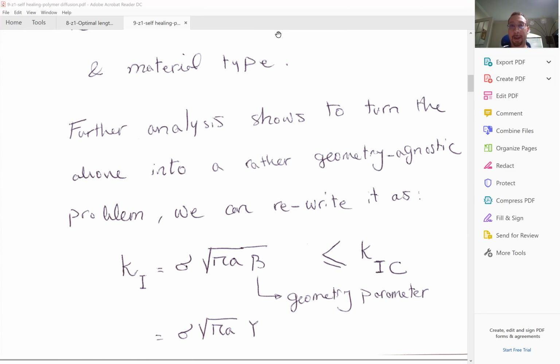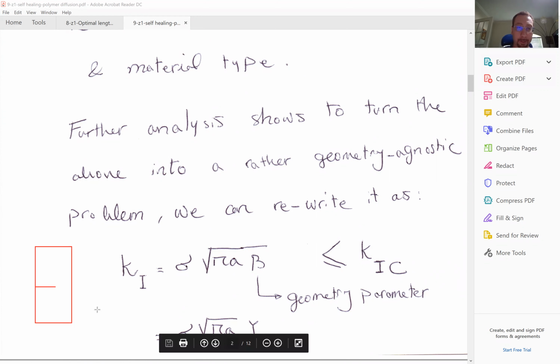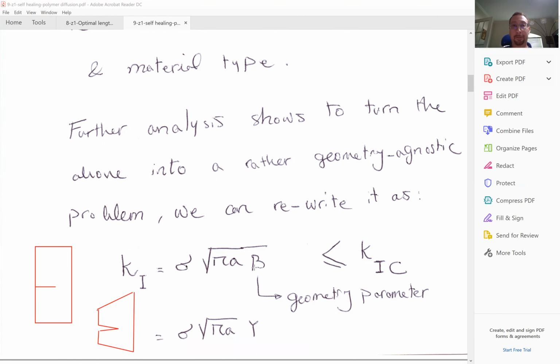So for instance, if the geometry of the sample I am dealing with is something like this, and I have a crack here, or if the geometry is something like this, I will have a different value.